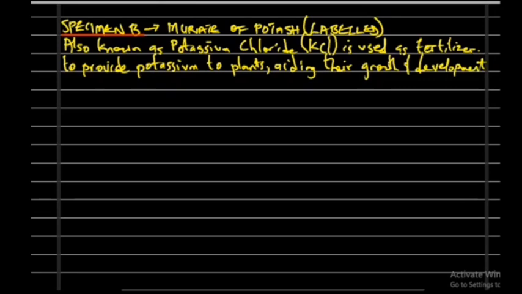Potassium is an essential mineral. It is a macronutrient for plants, so it is very, very needed, and that is why a fertilizer like the muriate of potash is actually applied to them. It is a soluble fertilizer, which tells us that it can dissolve.